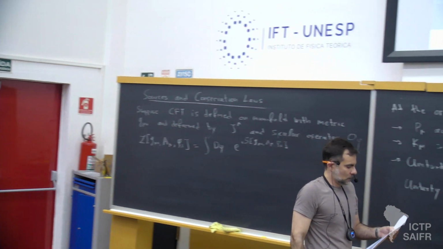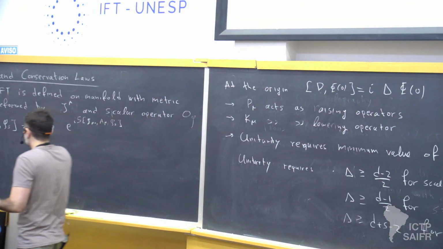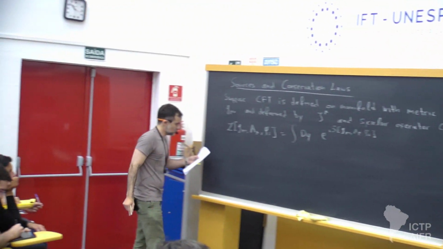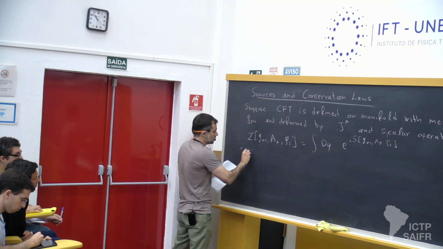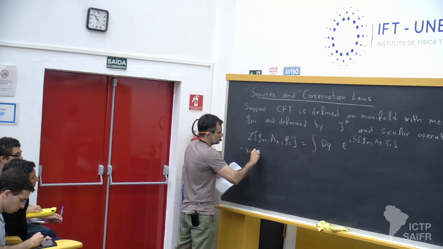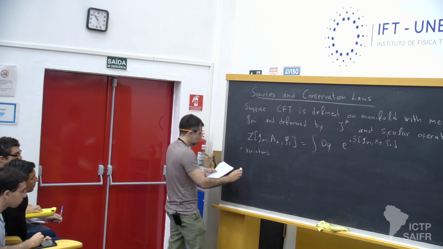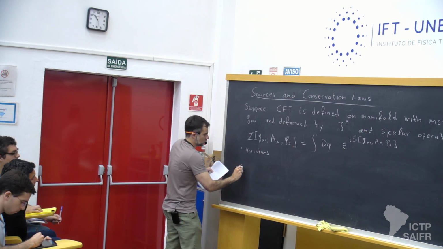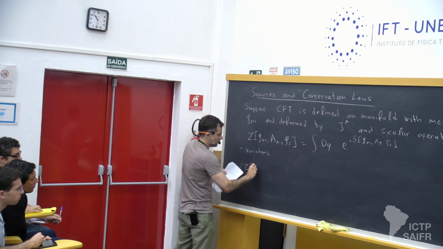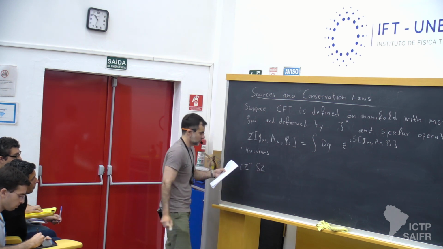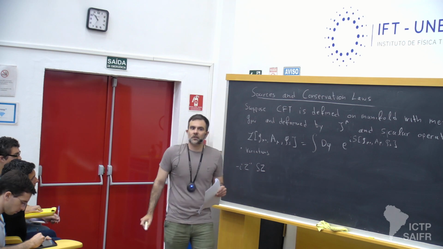Now I want to take this partition function and vary it with respect to the sources. So I will take minus i, divide by Z, and then take the variation of Z.